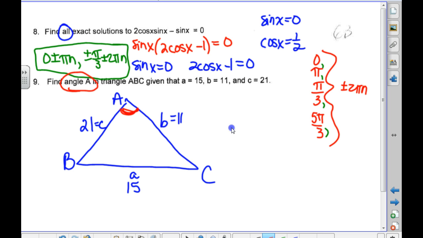Be careful you're finding the right one. It is across from the side of 15, so we're going to use law of cosines, which should be on the new unit circle you've gotten.